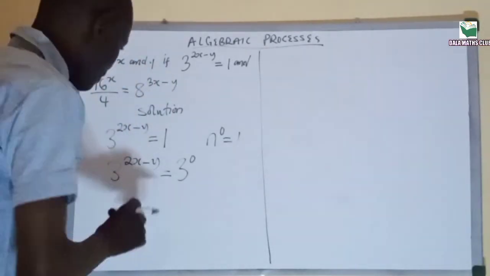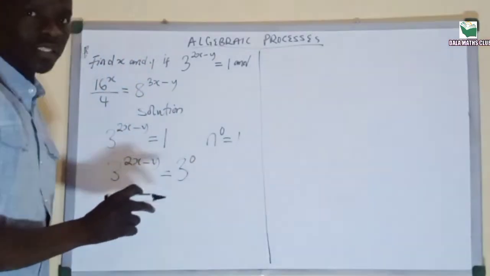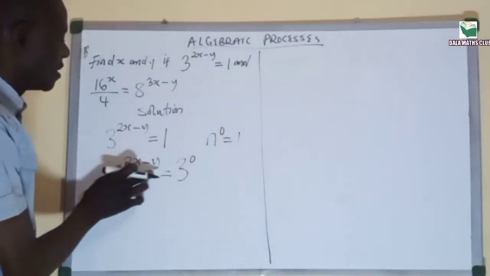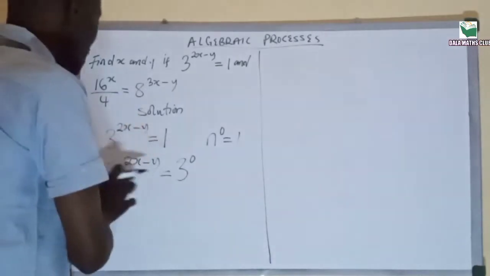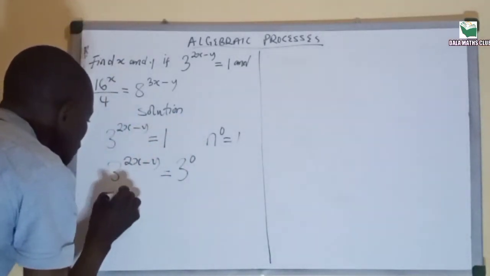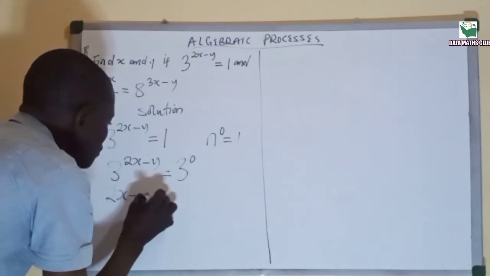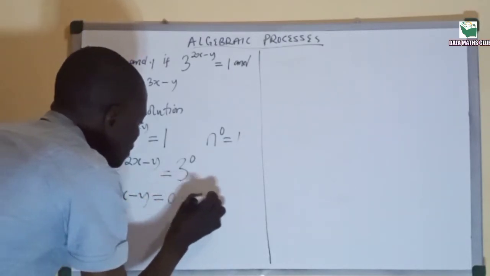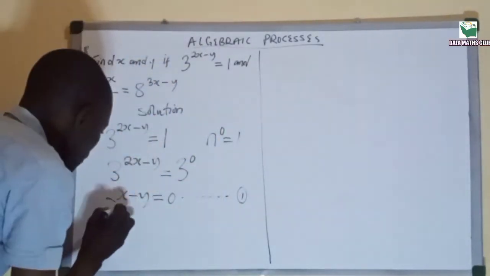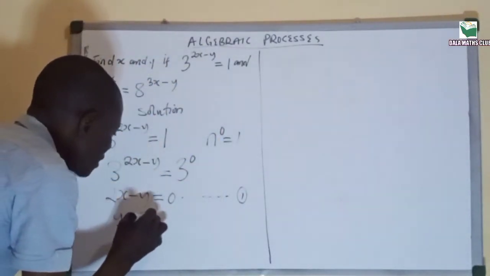If that is the case, we now have the same base, 3. We have 3 power 0 here and 3 power this here. So we can ignore the base now. We see 2x minus y is equal to 0. We consider this as equation number 1. And from this we have y is equal to 2x.